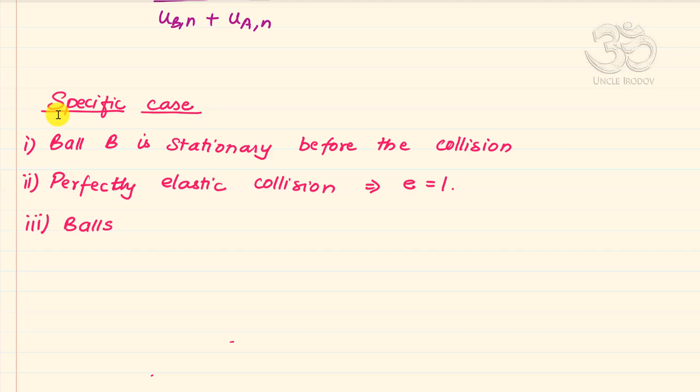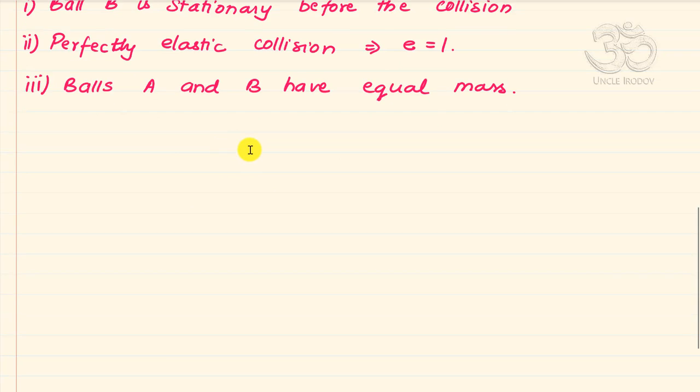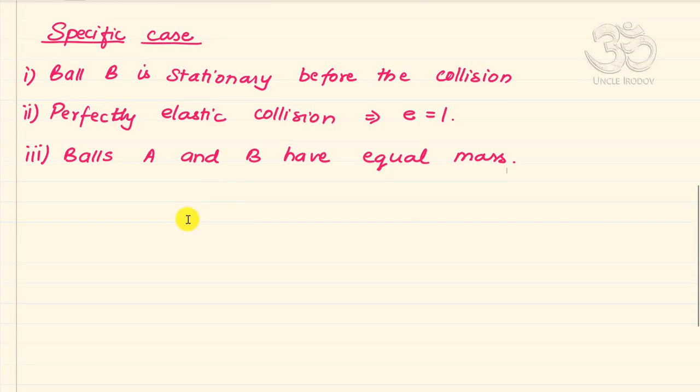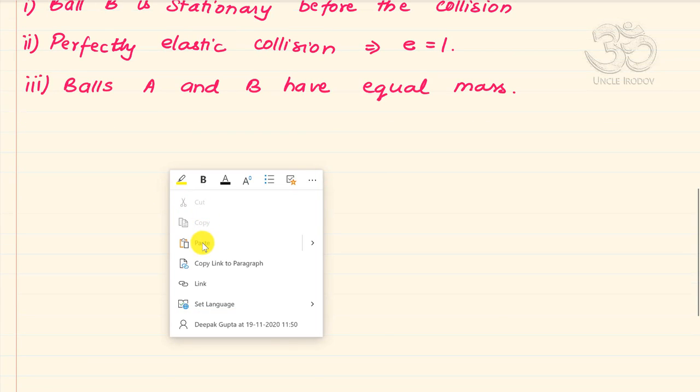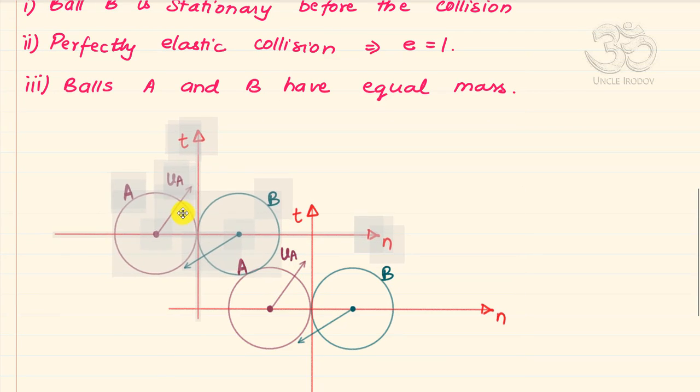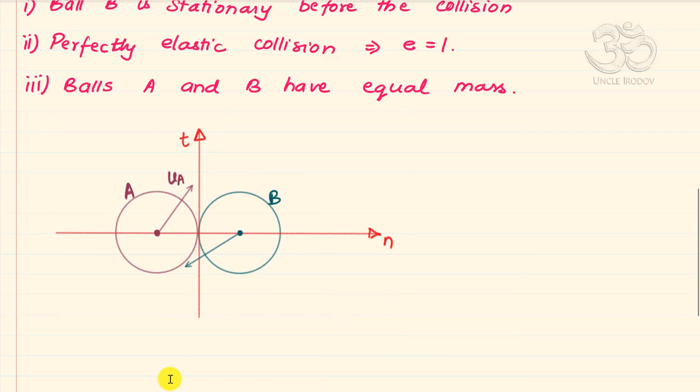Let us say balls A and B have equal mass. So these are the assumptions, and how can we draw this particular situation? So let's say there is this diagram that I want to take advantage of, and there is B stationary and A moving to the right hand side, but A is not quite there. So A should probably be shown coming and hitting B like this.